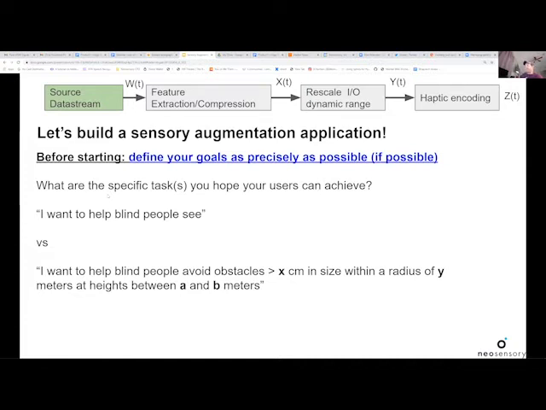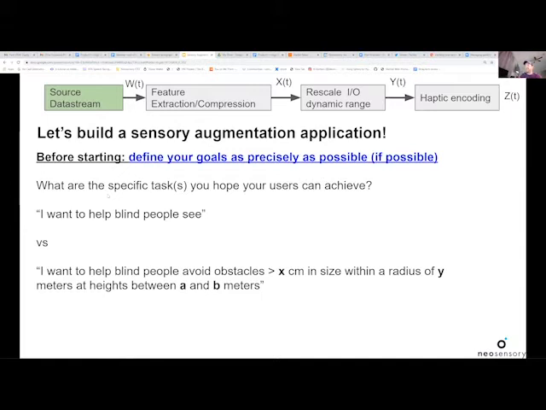For example, if you just say something like, I want to help blind people see, versus I want to help blind people avoid obstacles of X size, Y distance away, the more precise you can be, that will help guide, for example, the sensors that you need to choose, how you capture that information, and how you process that information. But that's not to say you shouldn't blue sky things.